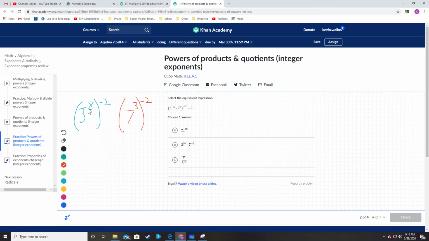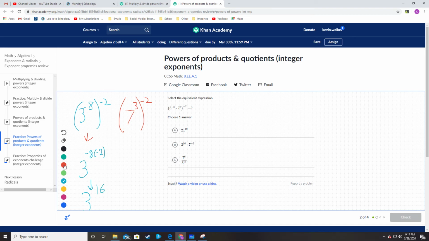So I got negative 8 times negative 2. Well, you know, 8 times 2 is 16, so negative 8 times negative 2 is positive 16. So this gives me 3 to the 16th power. I'm just going to write it all out so that we see it.